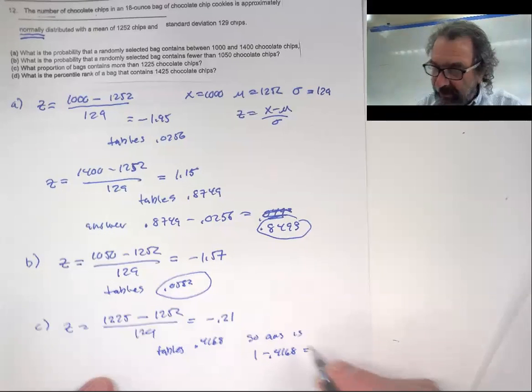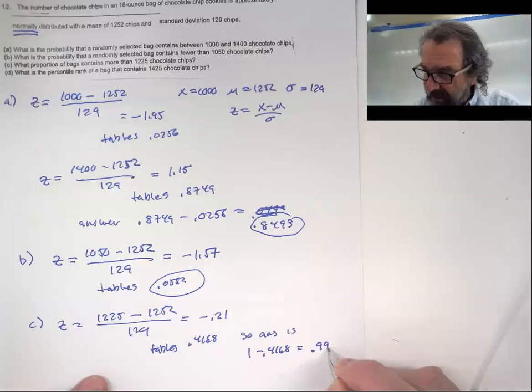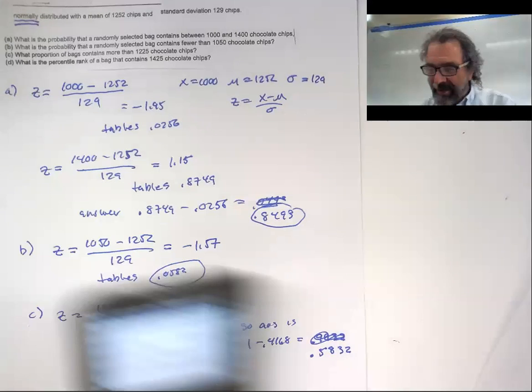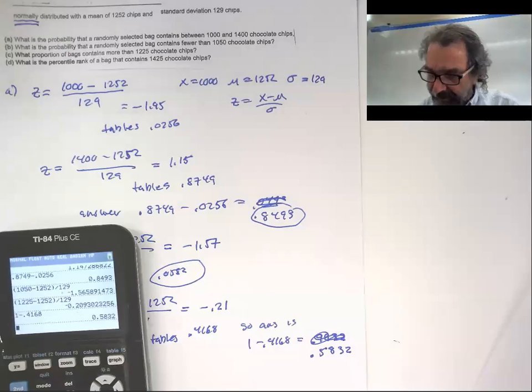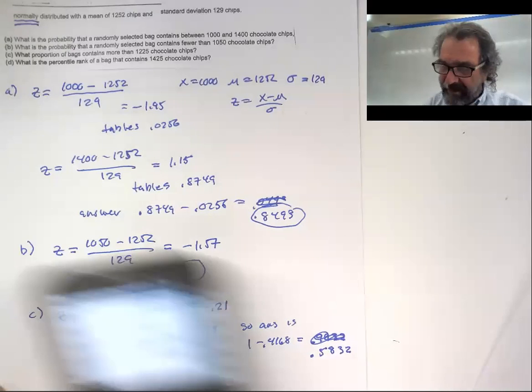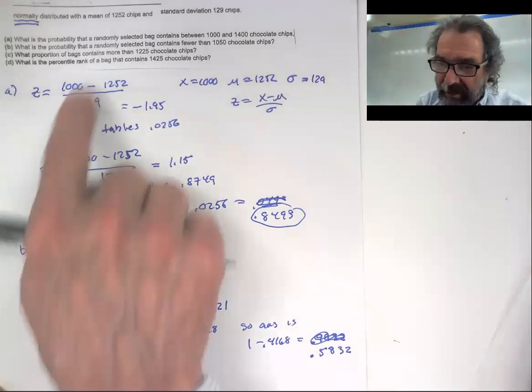Okay, so that'll be 0.9932. No, that'll be 0.5832. Okay, better check that because I'm getting tired now. 1 minus 0.4168 is 0.5832. Yeah, okay, fine.